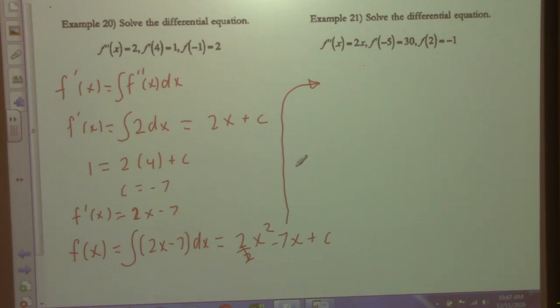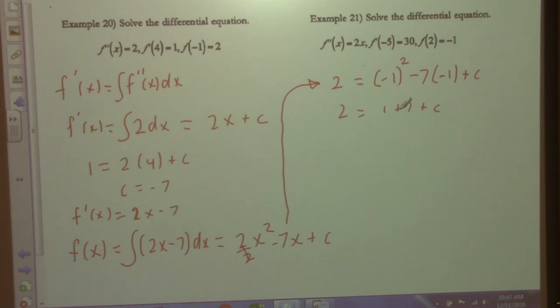And what's the last step here? 2 is equal to, okay, we have x squared, so it's going to be negative 1 squared minus 7 times negative 1 plus c. So 2 is equal to 1 plus 7 plus c.